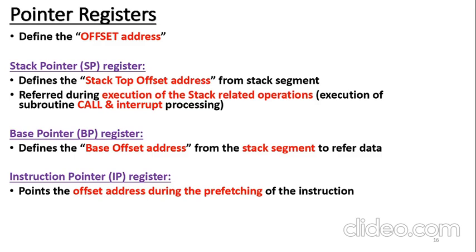It clearly means that for the generation of the 20 bits of memory address for fetching of instruction, the instruction pointer defines the offset address. And of course, that segment register will be the code segment only.